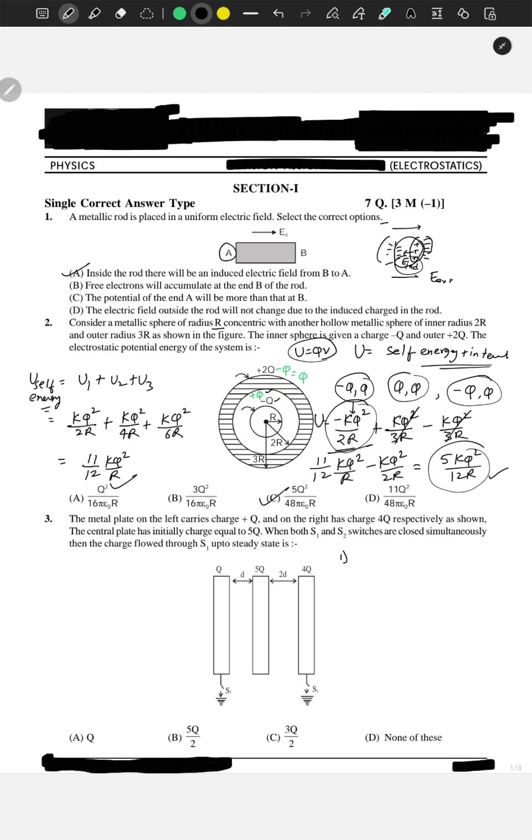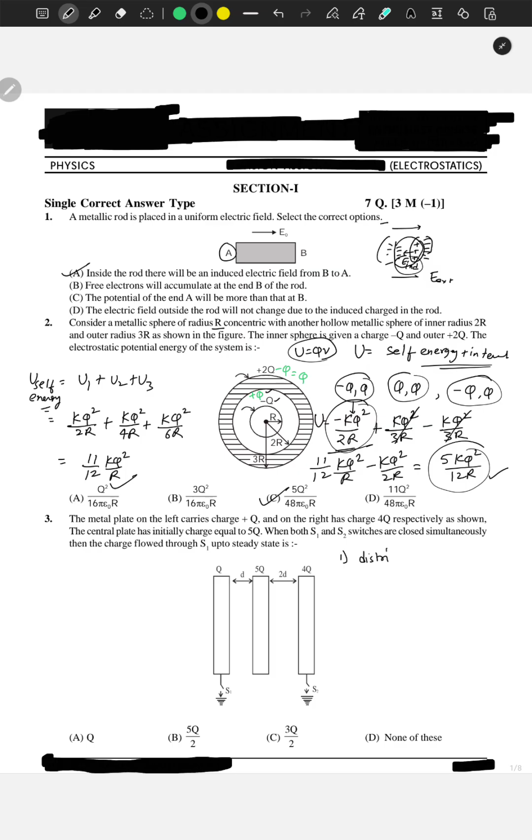First of all, we distribute the charges with the normal method. So what is that normal method? Total charges 5 plus 4, 9, plus q, 10. So half of the total charge will be on our extreme outer surfaces, and then based on that we distribute. So let's distribute the charges first.